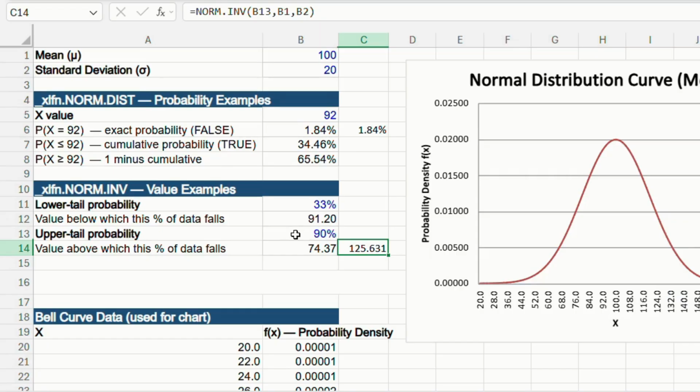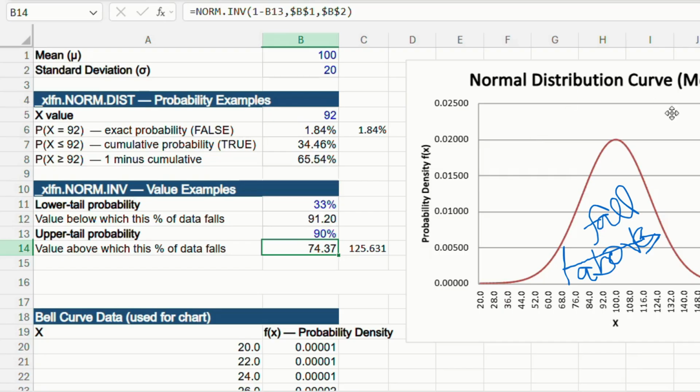But when we calculate 1 minus, our value sits there, and 90% of the values sit to the right, that is above. When we get this point, 90% of the students scored above 4.37, which makes sense.